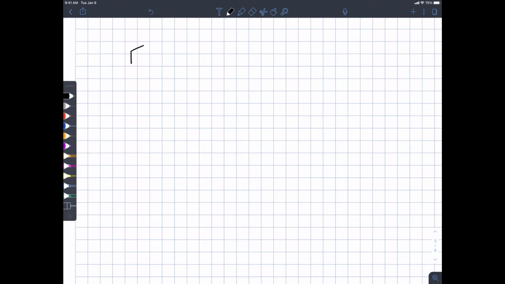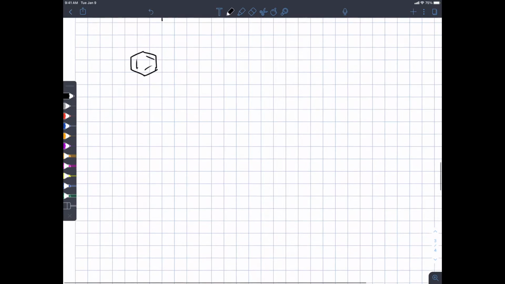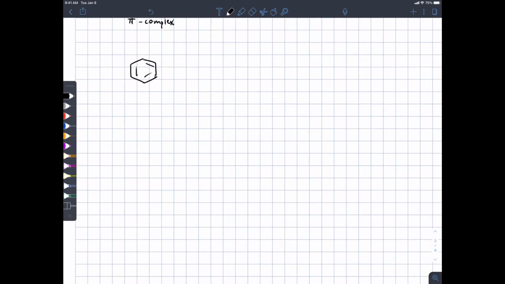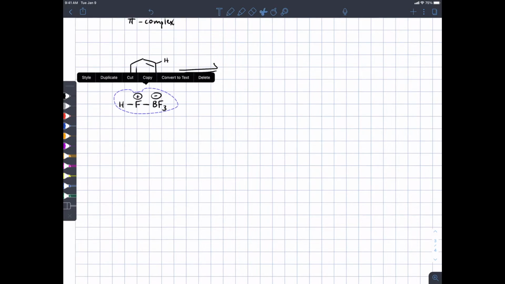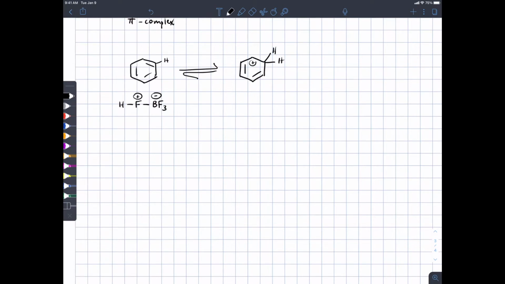So if you do a reaction with, say, benzene and a really strong acid, this is hydrofluoric acid in the presence of BF3, this turns this proton to being super acidic, and there's some equilibrium here between having the proton on the fluorine versus having the proton on the ring.